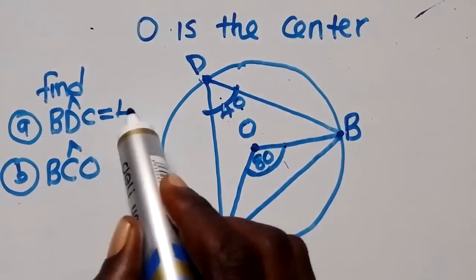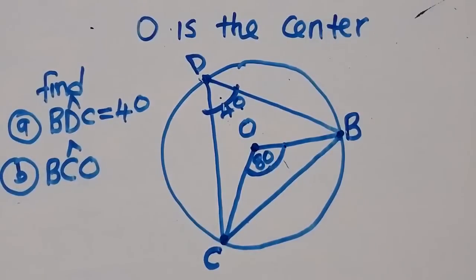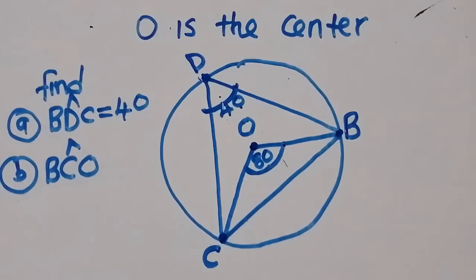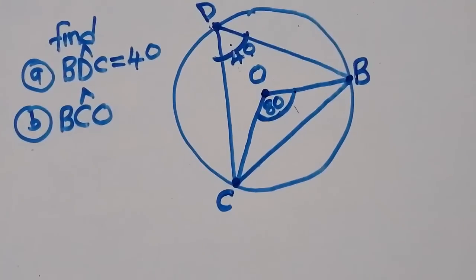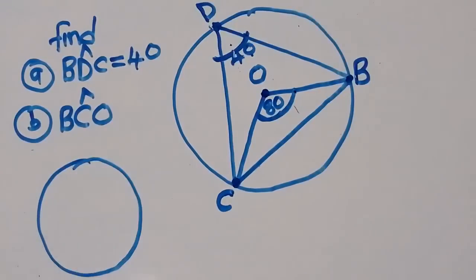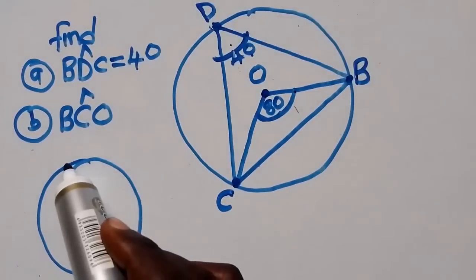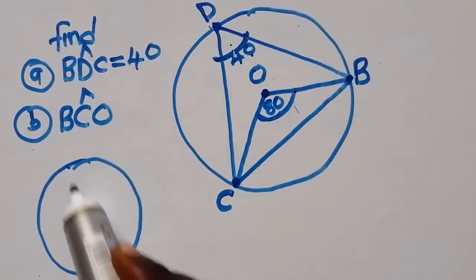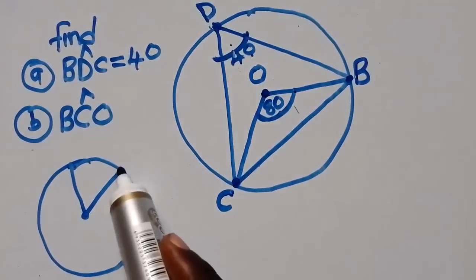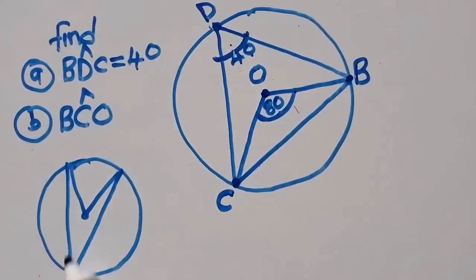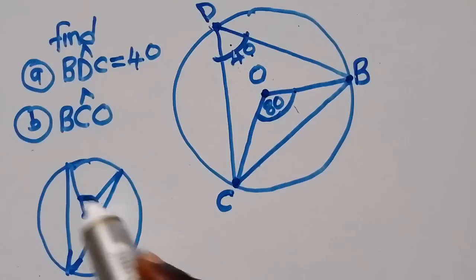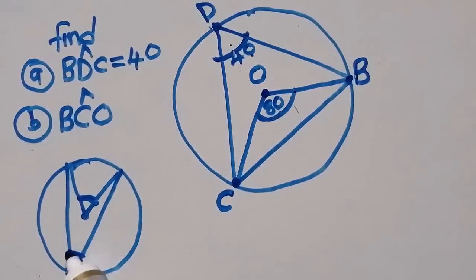I've answered using a certain property. This is another property that I've given you. We are using properties to answer. If you are given that the center is here, and there is an angle there, and something is being formed like that, then the angle at the center is twice bigger than the angle at the circumference.